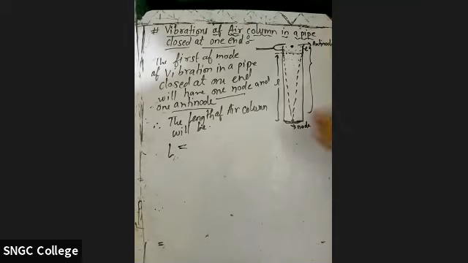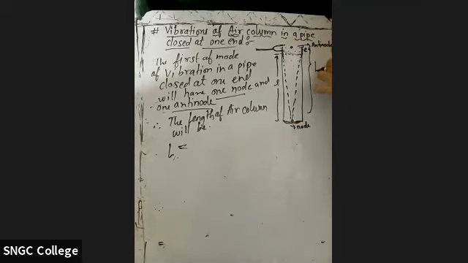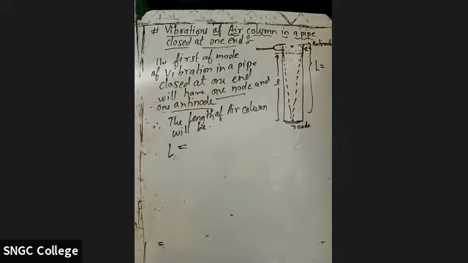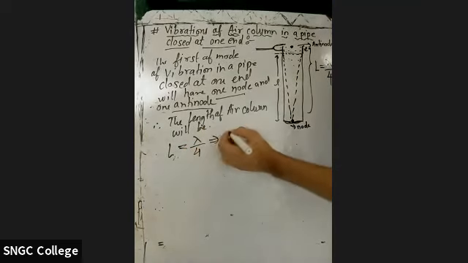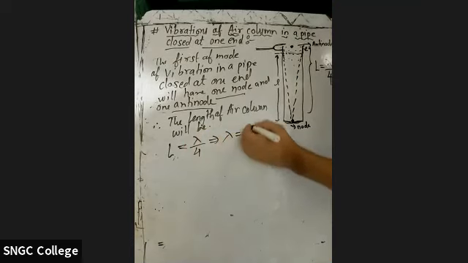See here in this diagram, we have one node and we have one antinode, and this is the length of that air column. So we all know that, मैंने previous lectures में बताया है, the distance between one node and one antinode is always lambda divided by 4. So length of this air column would be lambda divided by 4. Therefore, from here we can find the value of lambda as 4L.